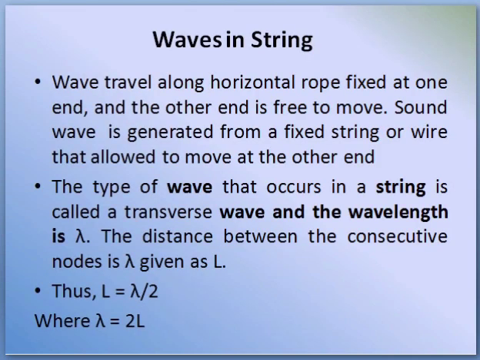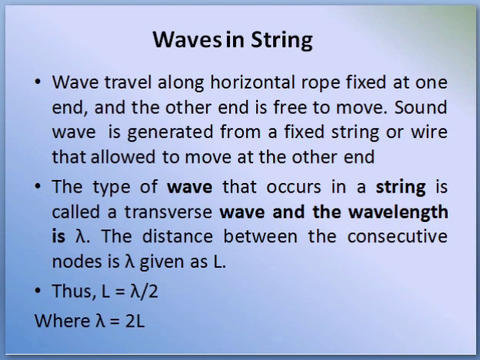Our next line of discussion is on waves in strings. In physics, when we make mention of a string, what we are referring to is a rope. So based on this, we want to look at waves in strings. When waves travel along a horizontal rope fixed at one end, with the other end free to move, sound is generated.